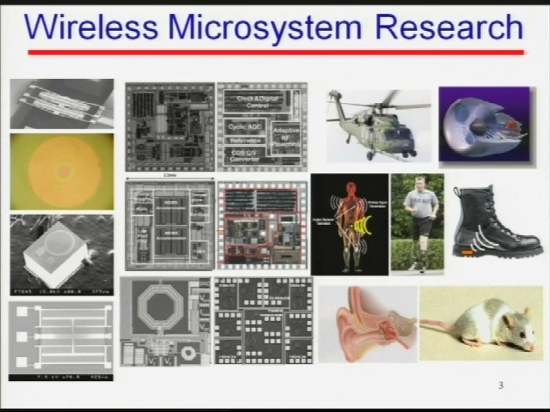And another project that just started in my lab a number of months ago is to look at how we can design low power, low noise sensing electronics inside a soldier's boot, so that when the soldier walks around in the battlefield, instead of having GPS connect to the satellite, because there are times that you don't want an active radio link to the satellite, the system can track the soldier's position in a very accurate manner.